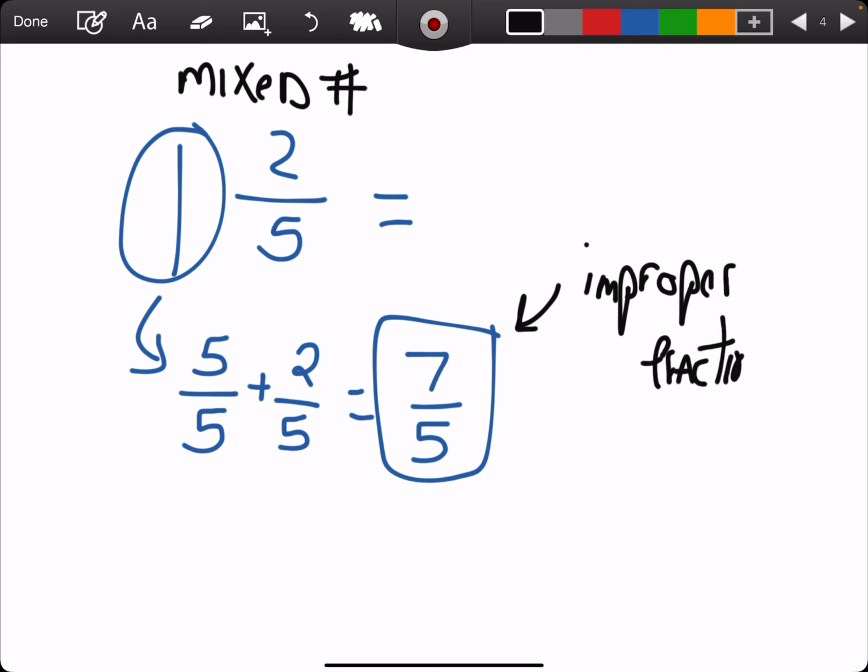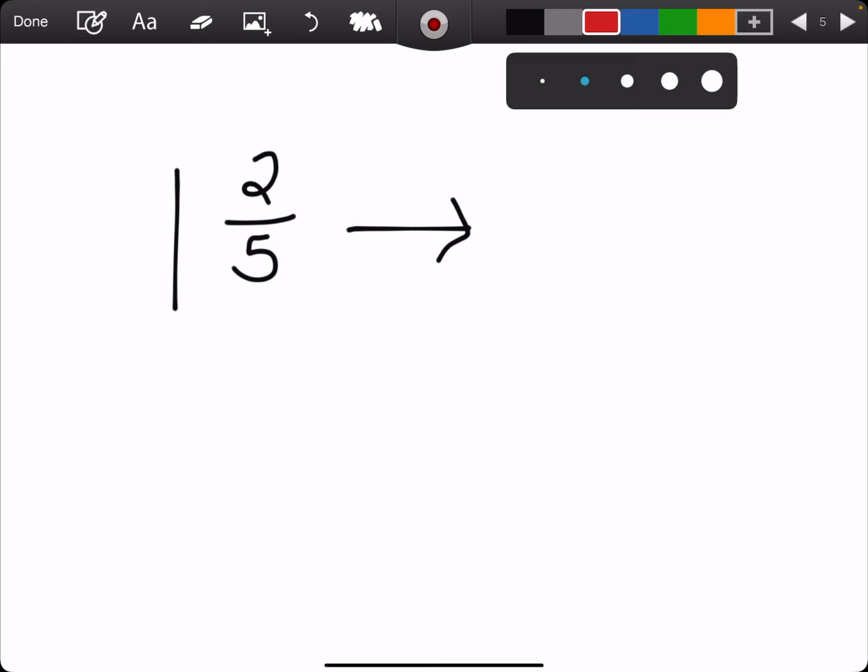Okay? Now, if you've gotten to the end of this video, what I can show you, which we have mentioned in class, is turning a mixed number into an improper fraction. If I'm doing 1 2/5, we said in class it was the swoop around method, all right?